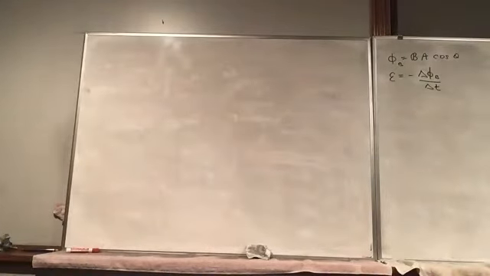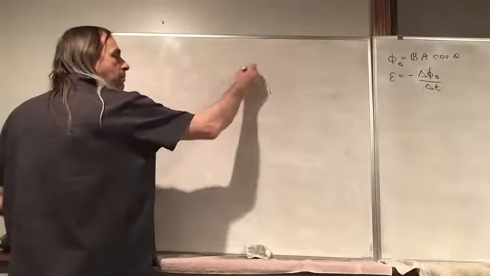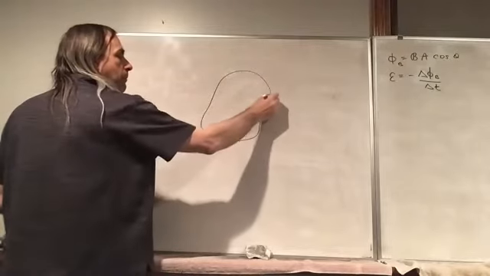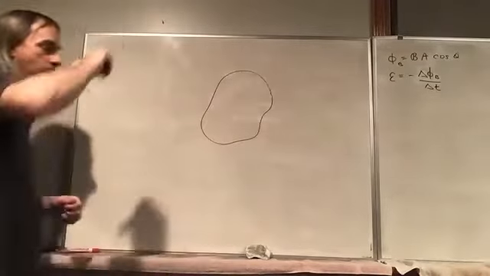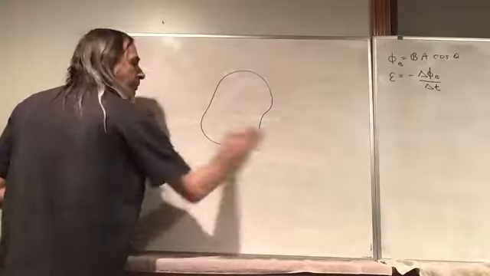So in order to have flux, we need a surface. So if we have a surface, it could be anything basically. Let's make a more reasonable surface.